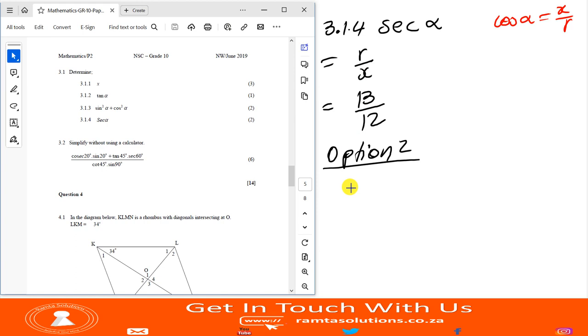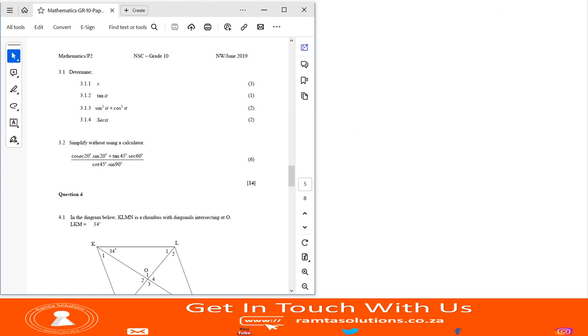sec alpha is equal to 1 over cos alpha. So what is this? 1 over, what is cos? Cos is x over r, which is 12 over 13. Then, on a piece of paper or on a space allocated for rough work, you can say, oh, so this is 1 divided by 12 over 13.